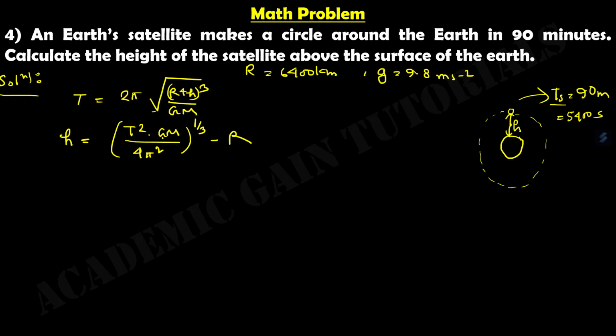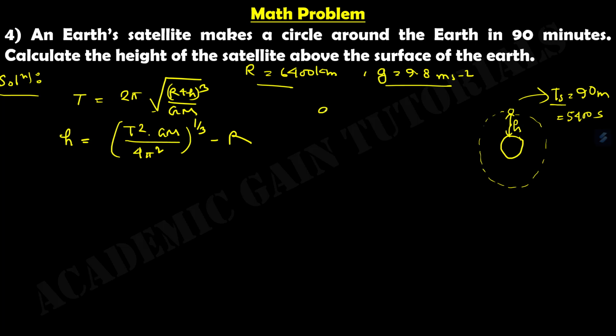But the value of the gravitational constant and the mass of our Earth are not given. Though we know the value of the gravitational constant, the Earth's mass is not given. But there are two pieces of additional information given: our gravitational acceleration and the radius.